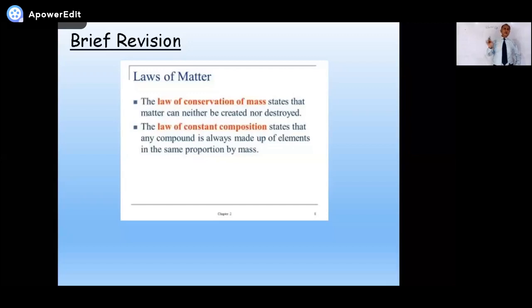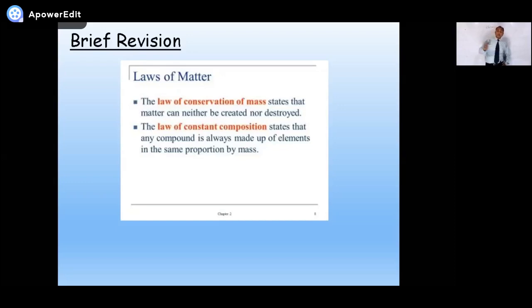The second one that we did yesterday was the law of constant composition. It means if the thing is pure, it always contains a fixed quantity of elements. Like water: if the water is pure, it only contains hydrogen and oxygen, which combined in a fixed ratio. The formula of water is H2O, meaning 2 hydrogen and 1 oxygen.